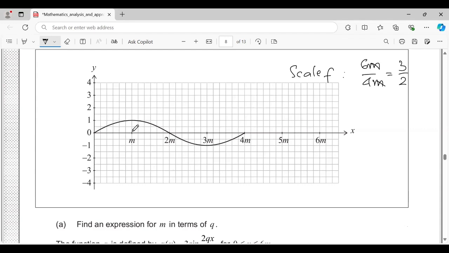Okay, the scale factor is 3 over 2. So 2 multiplied by 3 over 2 would be 3. So this coordinate point moves here. And m will be multiplied by 3 over 2, 1 half around here.